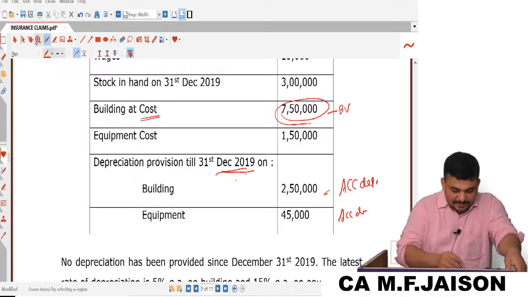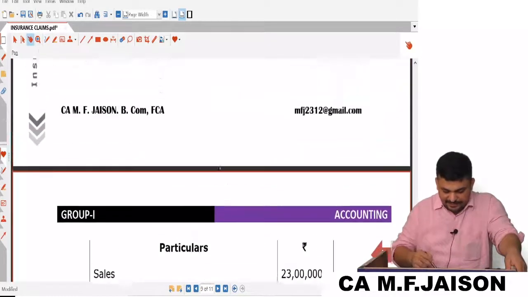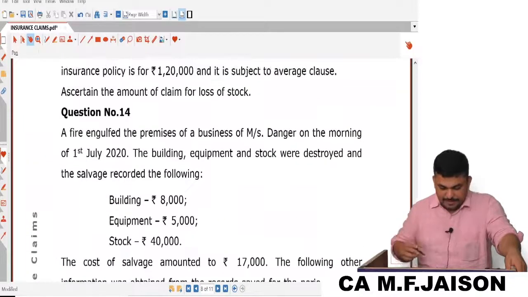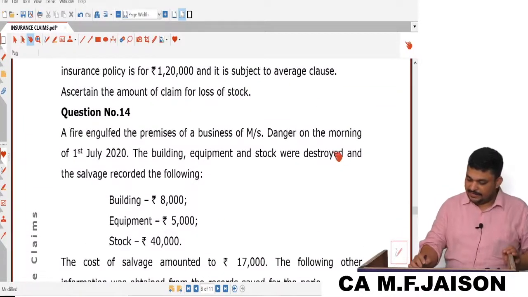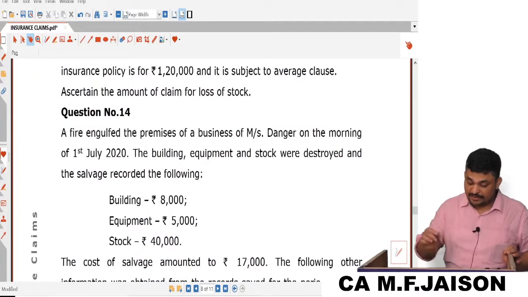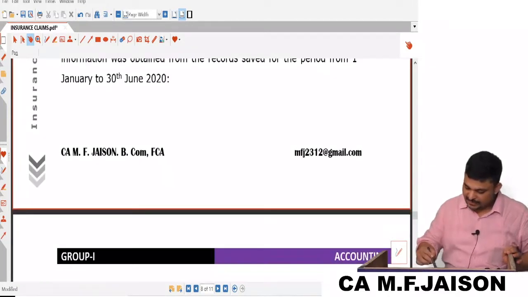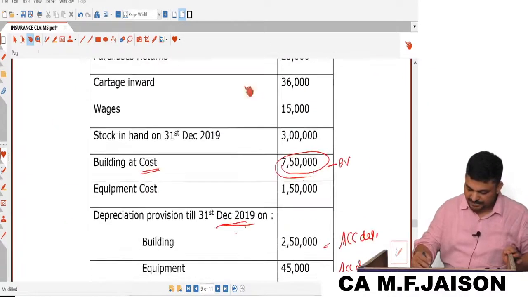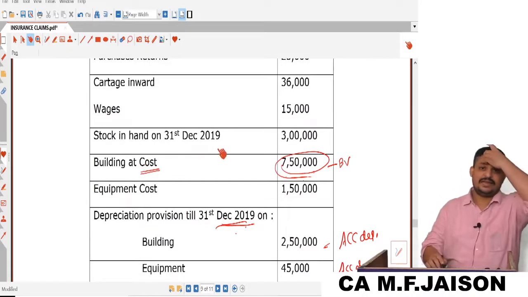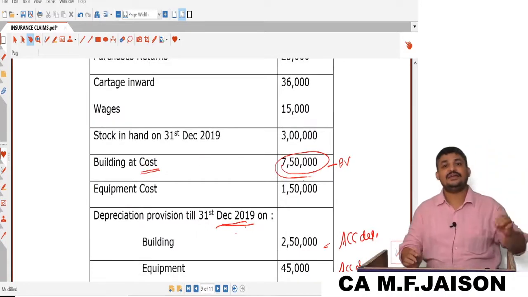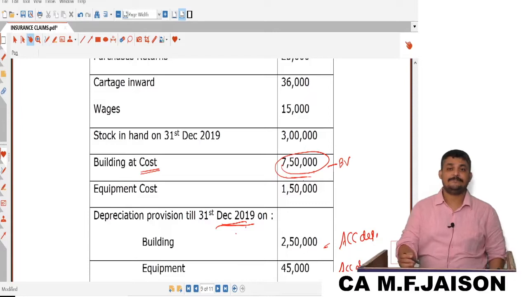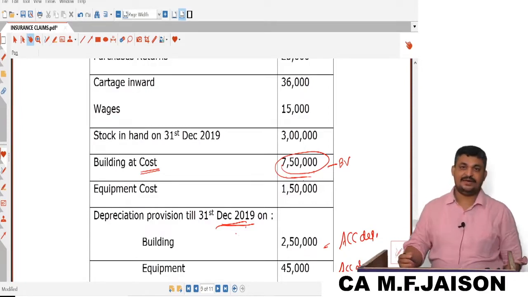So here if you analyze the problem, my dear friends, we find that the fire happened on 1st July 2020. Let's see how the information has been provided. Stock and all by 31st December 19. They are following the calendar year.